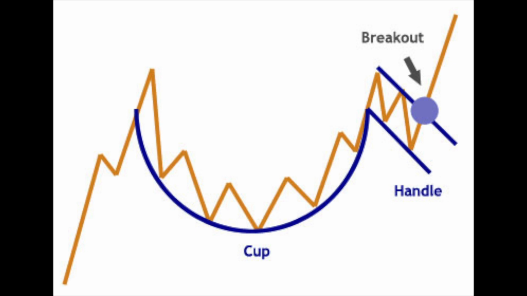As you see, we can see the cup in the diagram right here, and you could also see the handle right here. It could take several weeks, or 7 weeks, or around 65 weeks. It doesn't really matter. It depends on the news and the reasons why, and then the volume, and it's also a U shape.